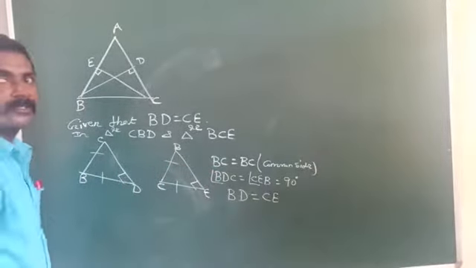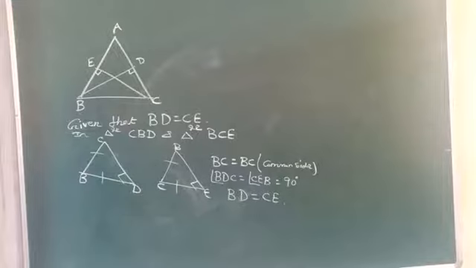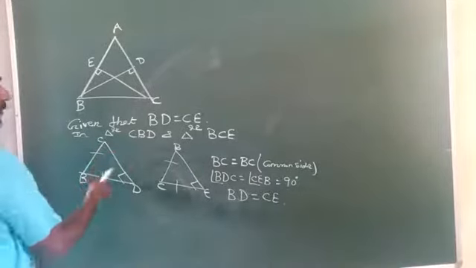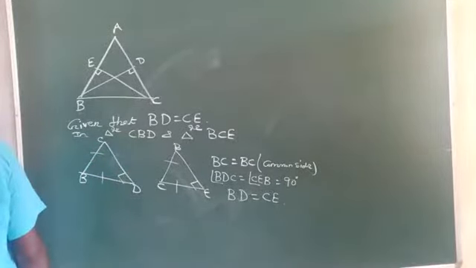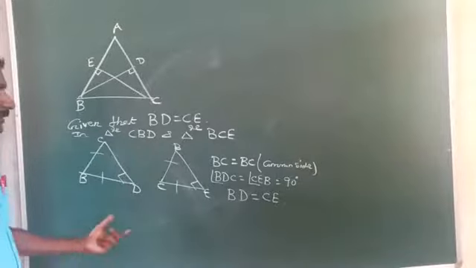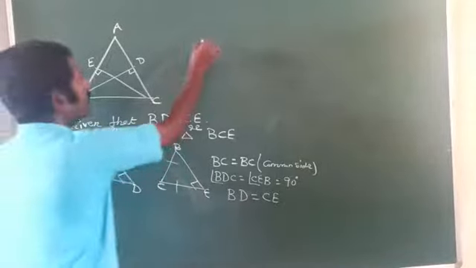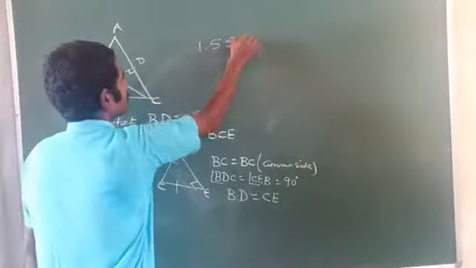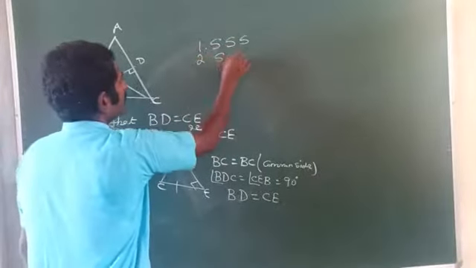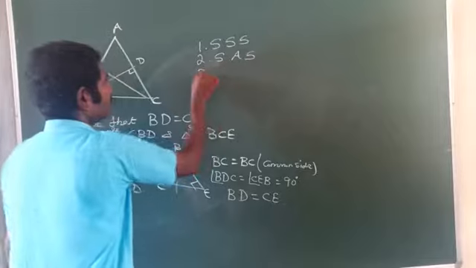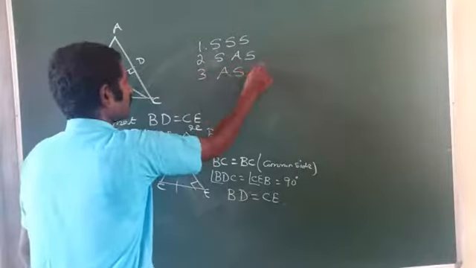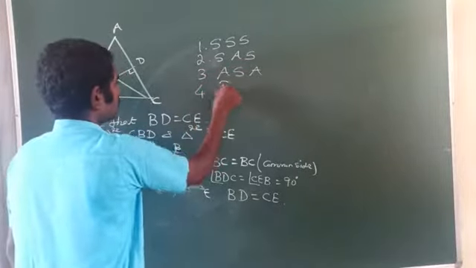Now the question is, is triangle CBD congruent to triangle BCE? Why or why not? Do you think these two triangles are congruent under any one of the congruence criteria like SSS, SAS, ASA, AAS? Then the fourth one is RHS.